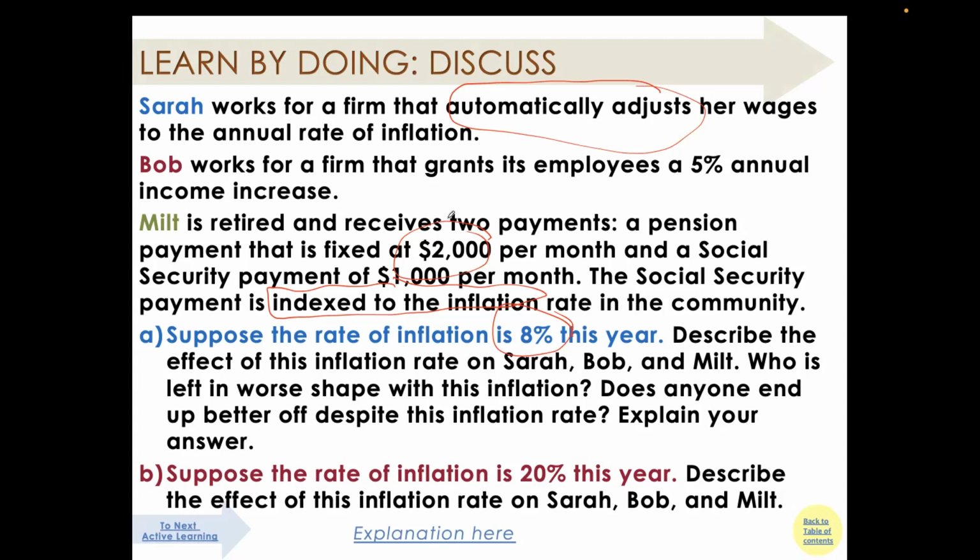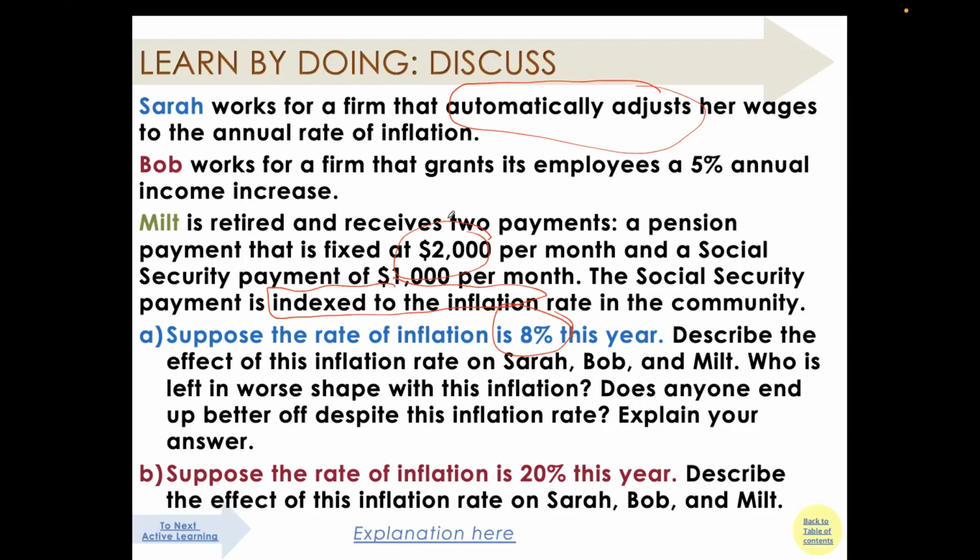Okay. So this example shows you 2 important messages. Number one, how inflation matters to each of us. Clearly look at it here. These 3 individuals represent us in different scenarios, right?